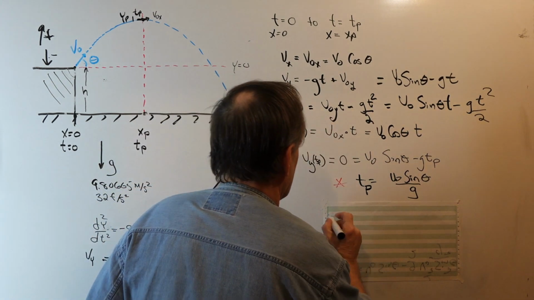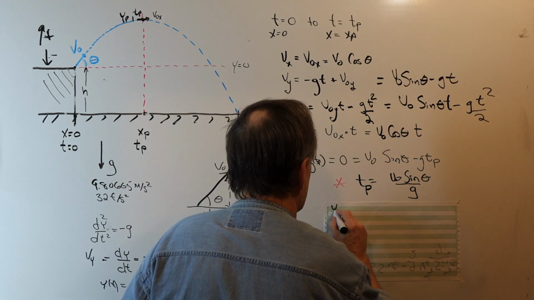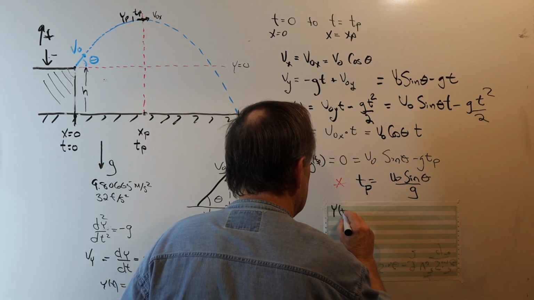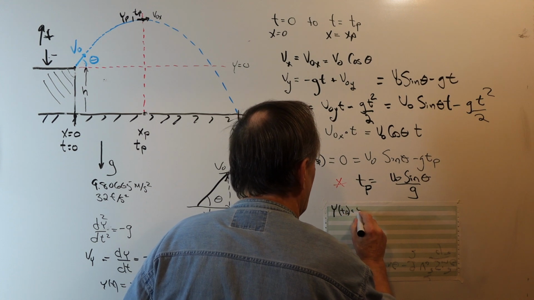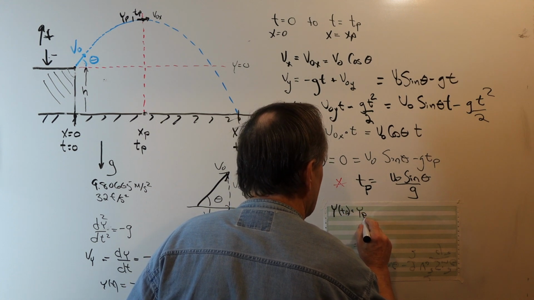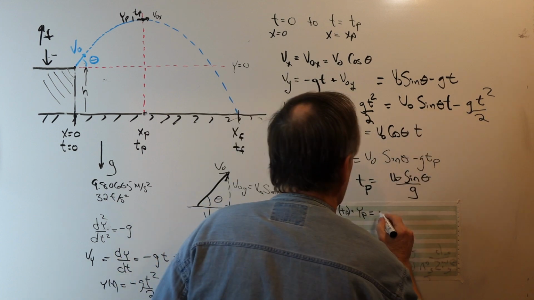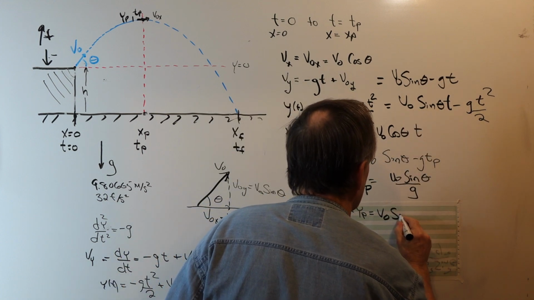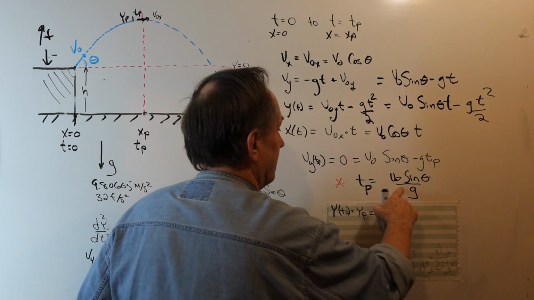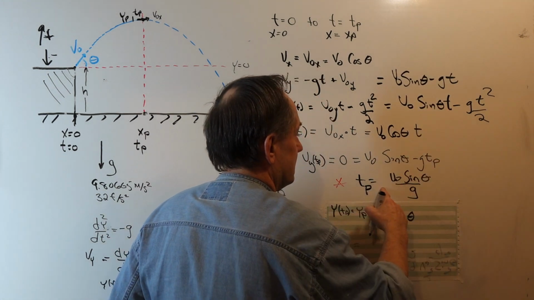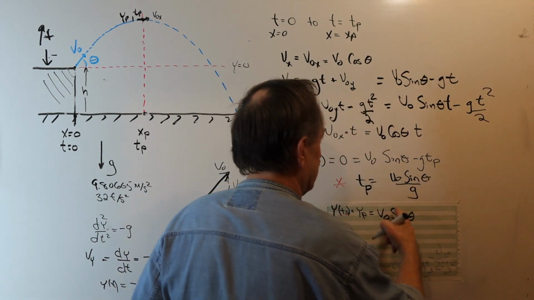So then our y at t peak, we'll call it y peak, is equal to v0 times the sine of theta, and we put in for t peak, which is v0 sine theta over g.